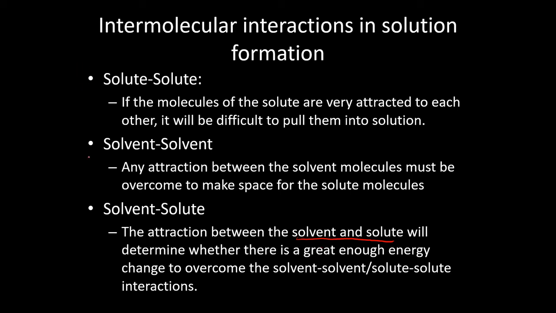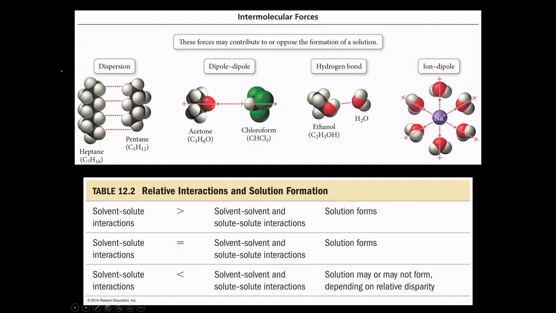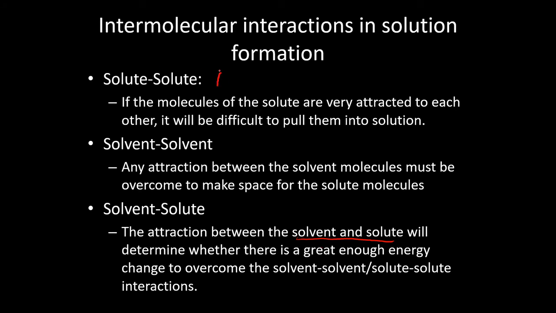So essentially, these first two are saying no to having solutions form. And this one is saying, yes, we want solutions to form. So if these two are stronger than this one, there's a good chance that the solution will not form.